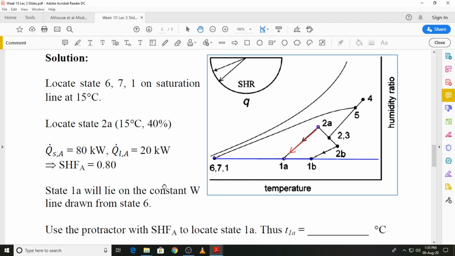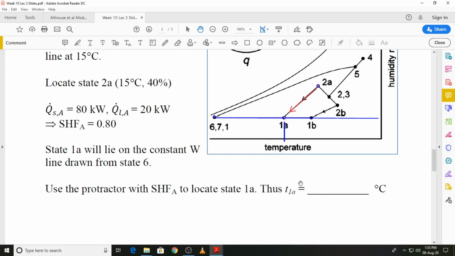Then we can also find out the dry bulb temperature at this state. All you have to do is draw a vertical line from over here, and that will give you the dry bulb temperature at state 1A, and I leave it to you to find out that value.